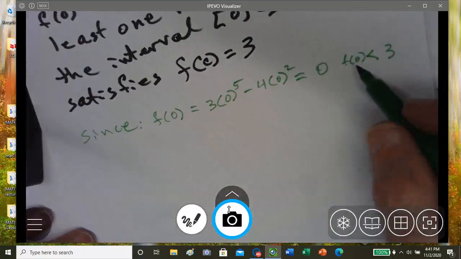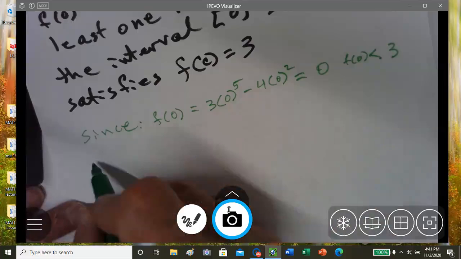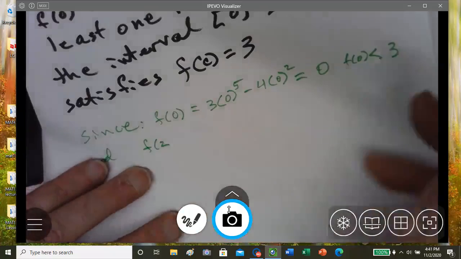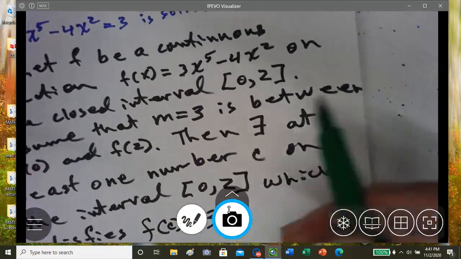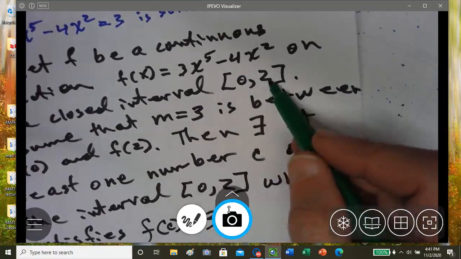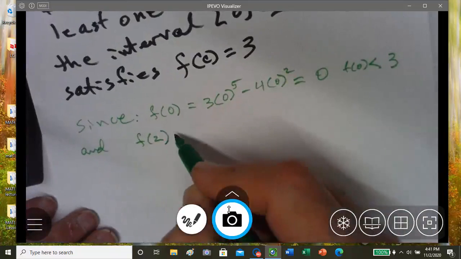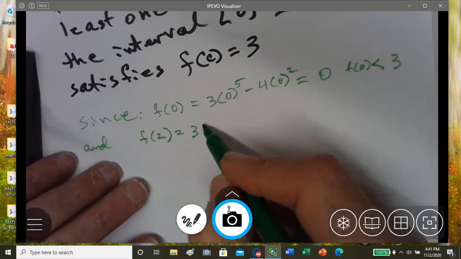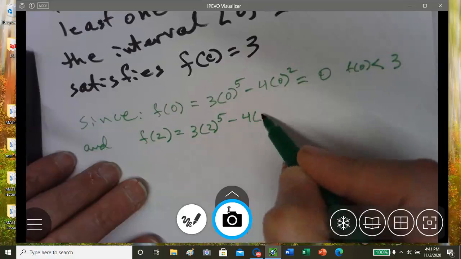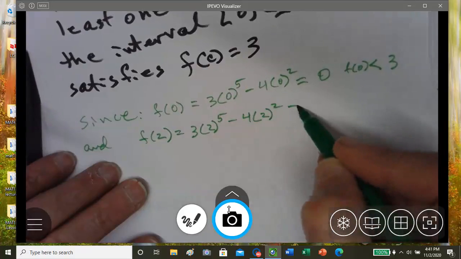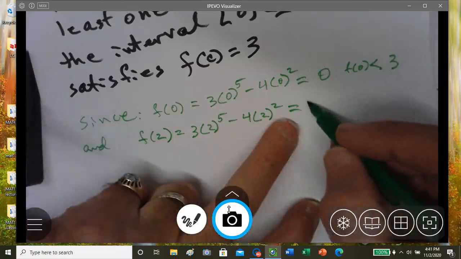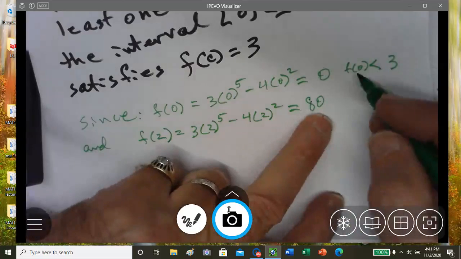So we took the left end of the interval and plugged that in. Now we're taking the right end of the interval and plugging that in. f(2) is equal to 3 times 2 to the fifth minus 4 times 2 squared, and calculating that out, that comes out to be 80.